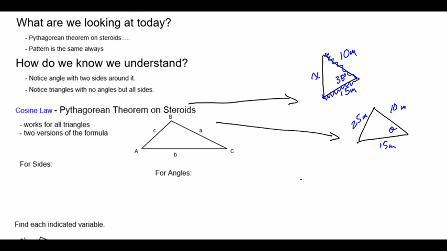I'm going to go over the equations for the sides first, and then I will show you the basic pattern for finding an angle. Now, finding an angle in that case is going to end up looking at some form of cosine, and you already know how to calculate that. Here we go.